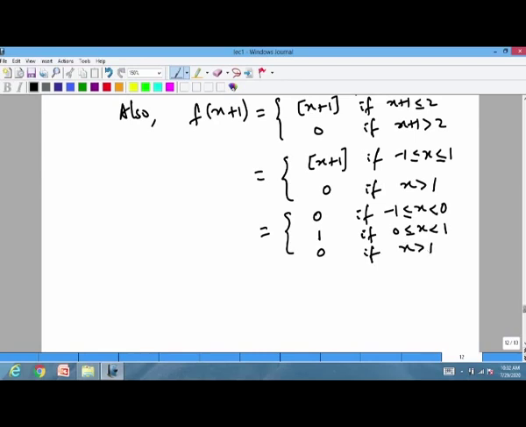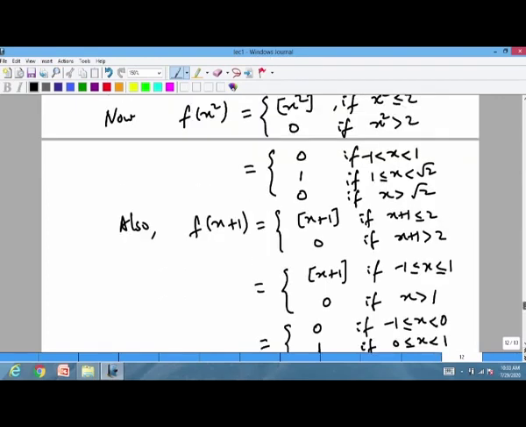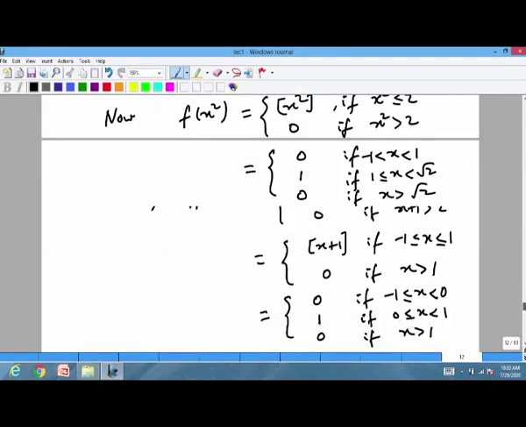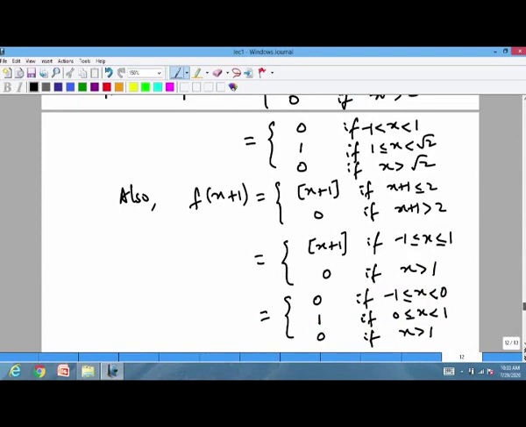So, now we can write g of x, which was x times f of x square by 2 plus f of x plus 1. If you see, f of x square is non-zero only between 1 and root 2.